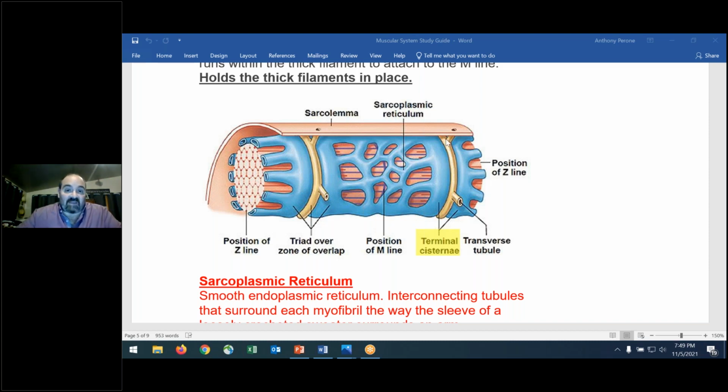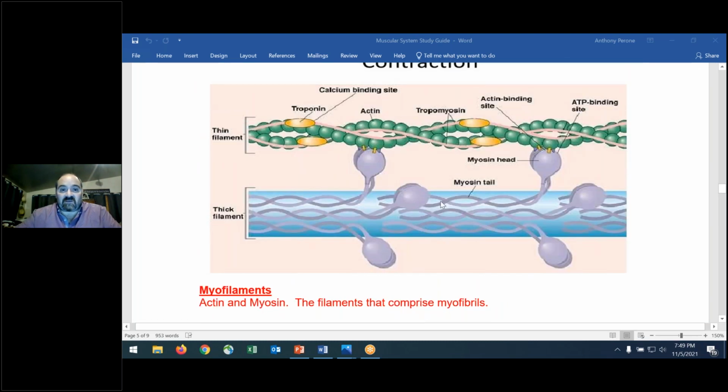Once that electricity passes here, voltage-gated calcium channels will open and allow the calcium within the sarcoplasmic reticulum, in particular this terminal cisternae, to be released. And when that calcium is released, it's going to interact with the troponin and will allow tropomyosin to move out of the way, exposing the myosin binding sites on actin.